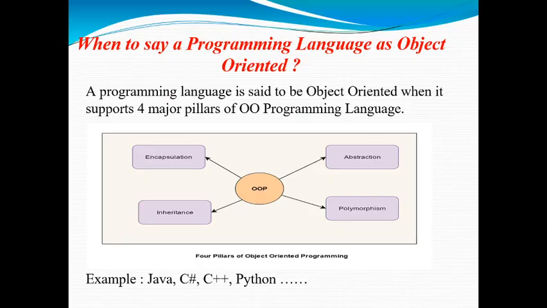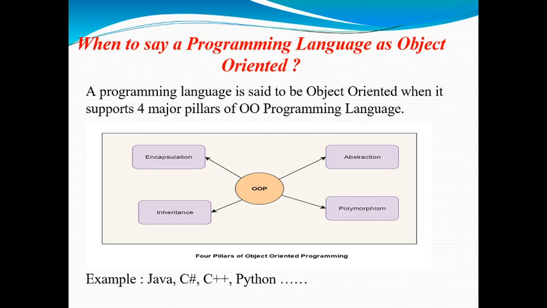For that purpose, if you want to say any given programming language is an object oriented programming language, then that particular language should support the basic building blocks of object oriented programming. There are many features, but out of those I'm focusing on four major pillars on which object oriented programming is built.